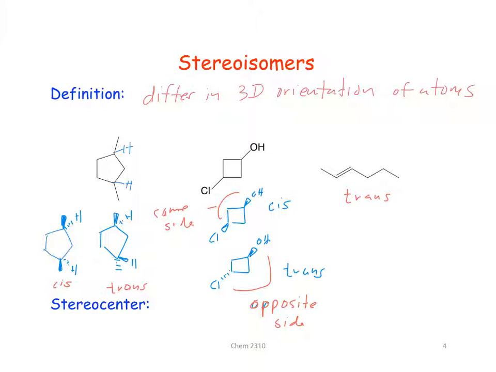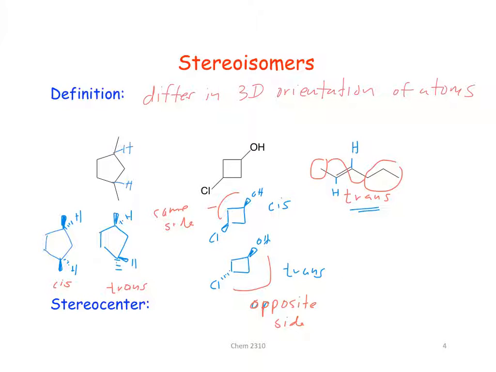Alright, so with double bonds we have the same thing. If we look at the two alkyl groups, here's a CH3 and here's the propyl. These two are on opposite sides of that double bond, so this would be called trans.